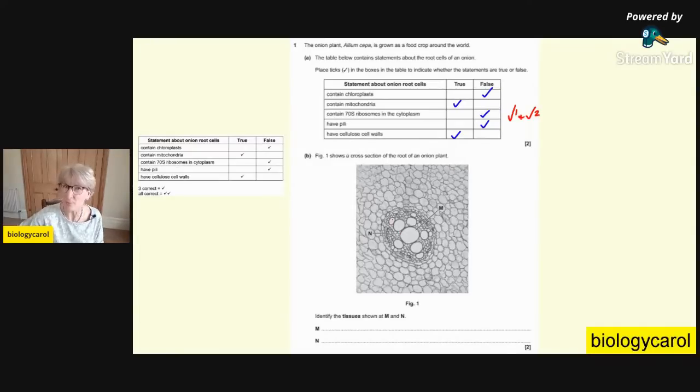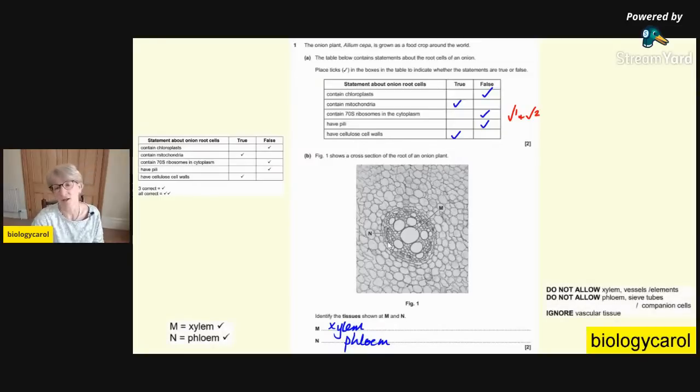So I was nearly about to write endodermis or meristem. But I realized, looking at the picture carefully and on 100%, that it actually is pointing to here, which is the phloem. So I got the 2 marks.